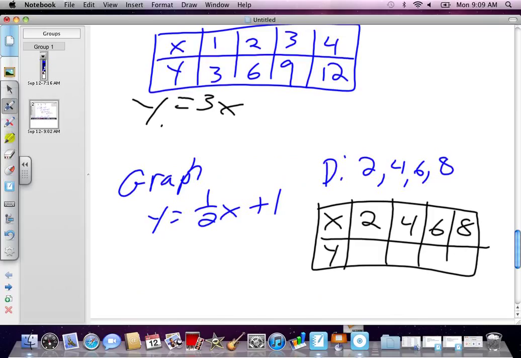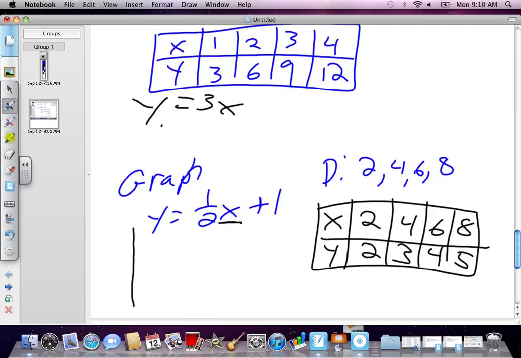Alright, half of 2 is 1. 1 plus 1 gives me 2. Half of 4 is 2. 2 plus 1 gives me 3. Half of 6 is 3. 3 plus 1 gives me 4. And then half of 8 is 4. 4 plus 1 gives me 5. Okay, so not too bad.